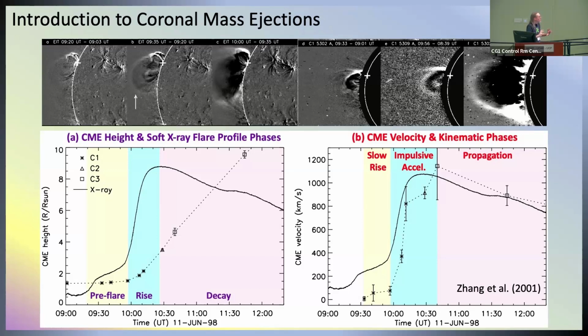In terms of having a real CME eruption, if you make the flare too small, the amount of field that you're erupting isn't large enough, or isn't strong enough, or isn't energetic enough to make it through all of the overlying closed field above it.